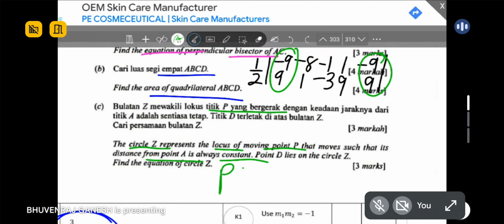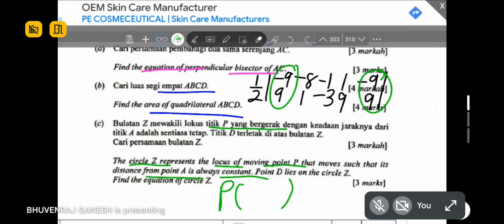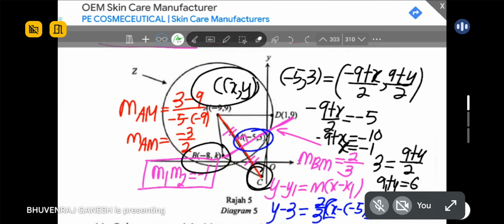So guys, may I know what is the coordinate for point P? Can you all tell me? Apa coordinate titik P? Anyone? Think and see. What will be your coordinate for P? Anyone? Come on. You don't see P over here.